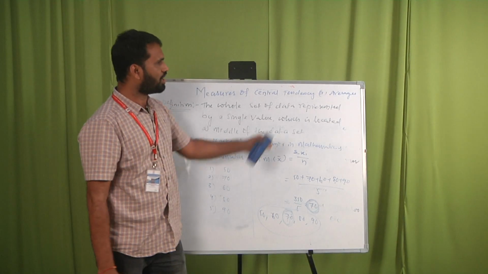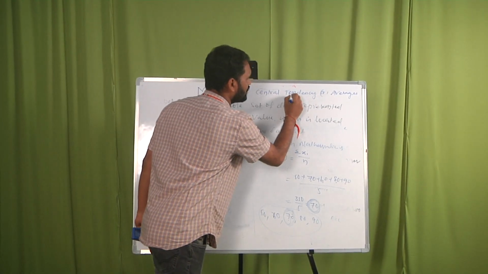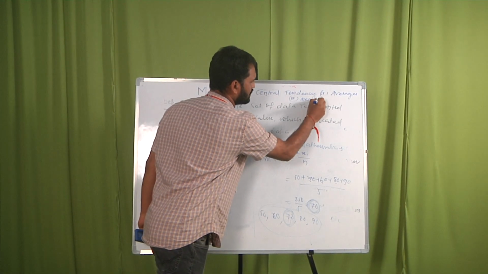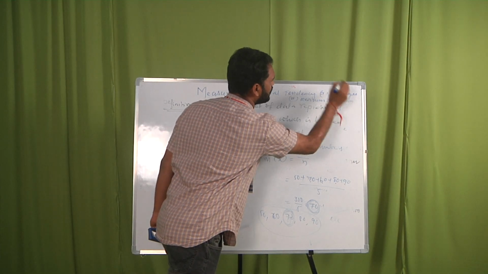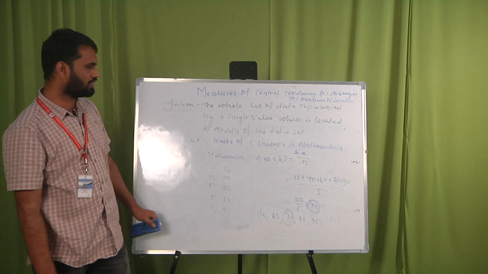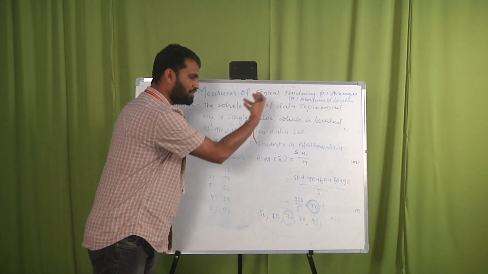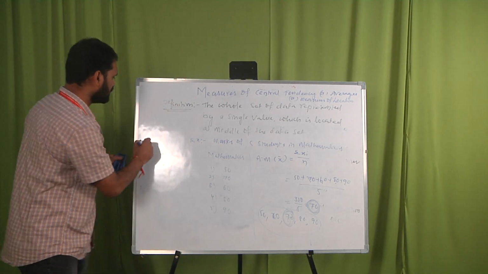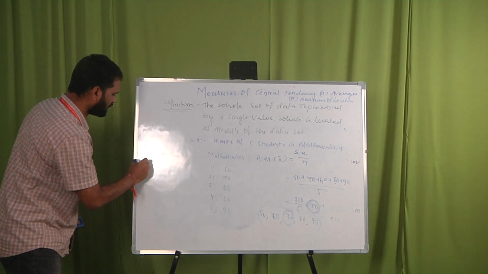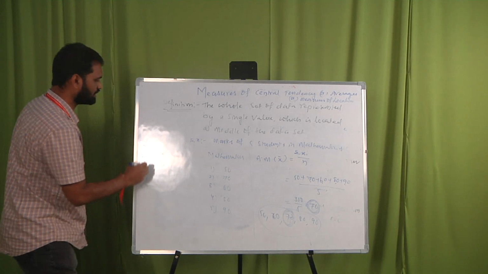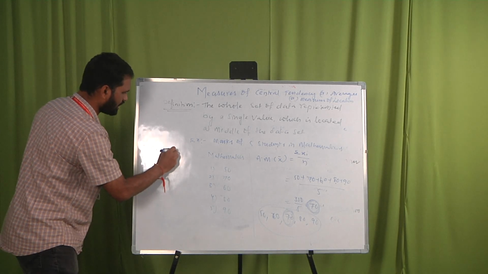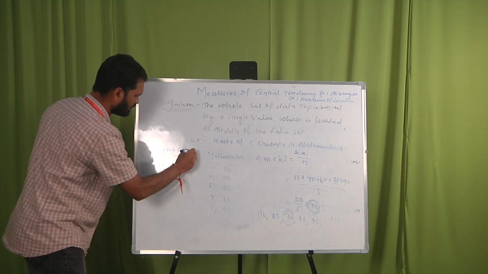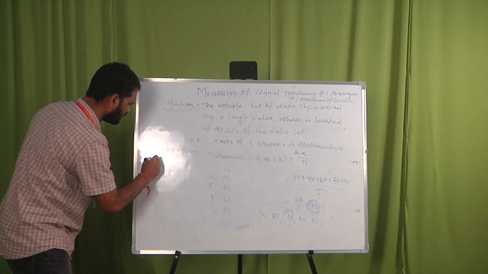Right? So arithmetic mean is a measure of central tendency. Next, I will list out one by one the measures of central tendency. One is arithmetic mean. Next, median.